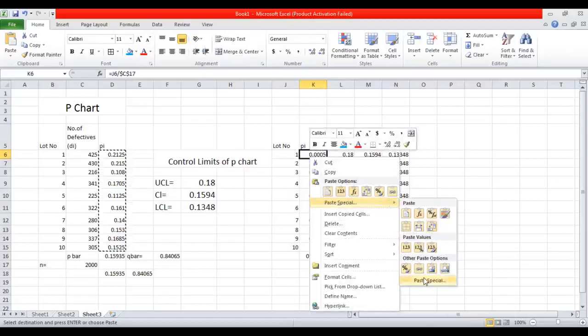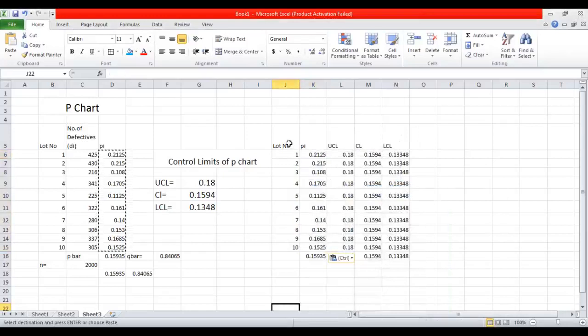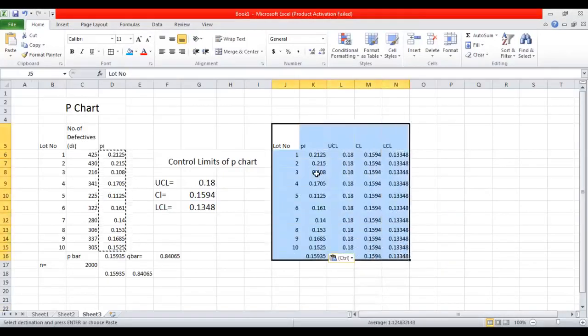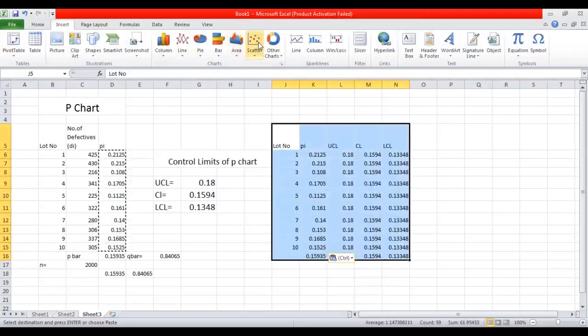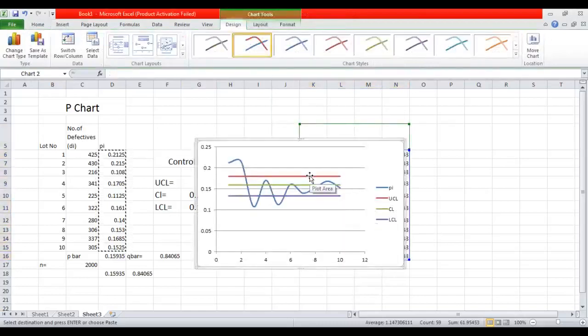I want to paste the same values, so I'll use values. Okay. Yes, now PI values are pasted. Select, insert, scatter, select any type of chart. Now if you observe, the maroon color is the UCL, green color is CL, violet color is LCL, and this blue color line is the PI values.